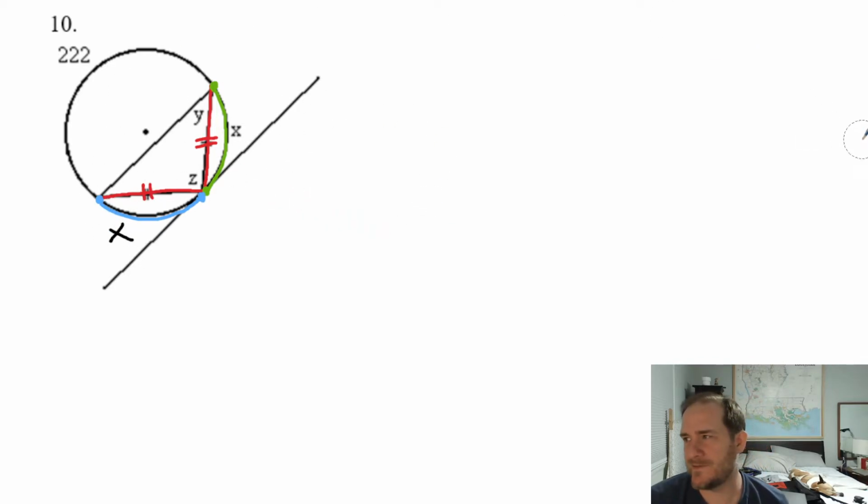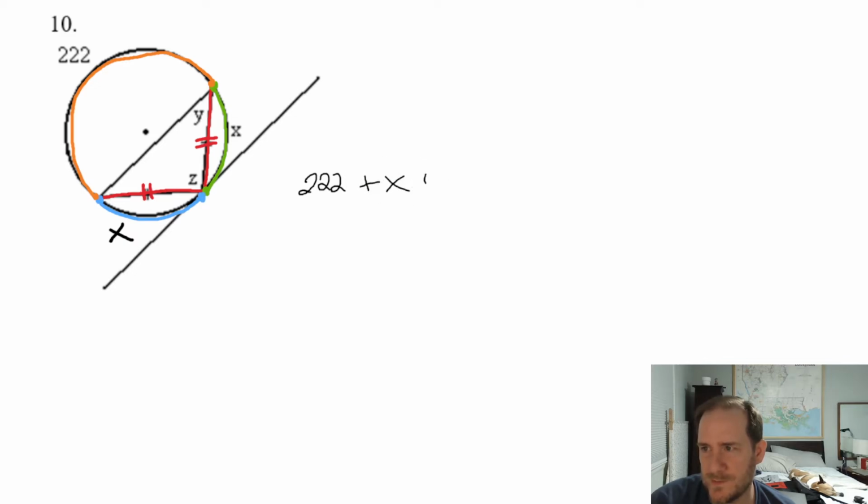And that means I now have the whole circle, because the green, the blue, and this big orange major arc make up the whole circle. So you can solve by writing an equation where the 222 plus X plus X has to equal the whole circle, which is 360. So you've got 222 plus 2x equals 360.